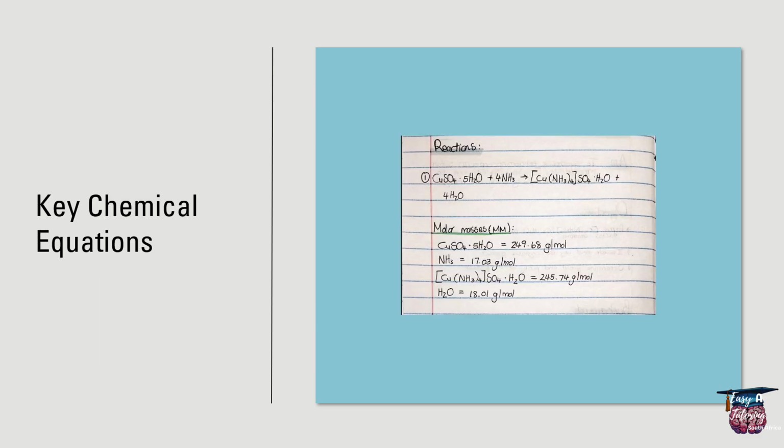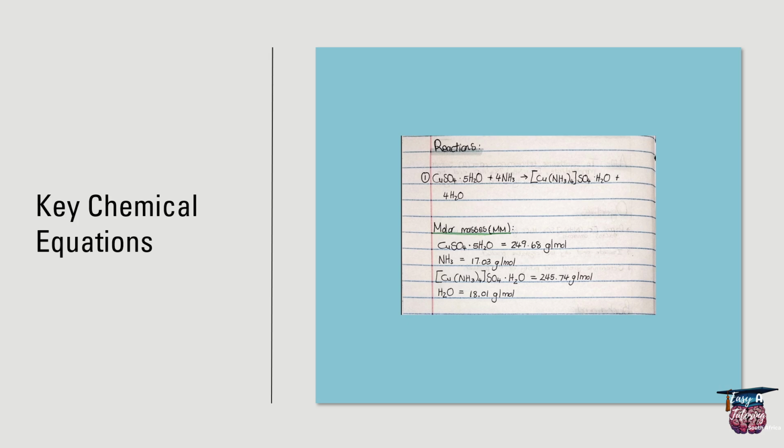Next, we look at our chemical equations. Now, you will see that this one is only one chemical equation. This is just because it's a simple reaction. Sometimes you will get something that has multiple steps. This means that you have more than one reaction equation, and it's also a good idea to always have these reaction equations balanced beforehand.